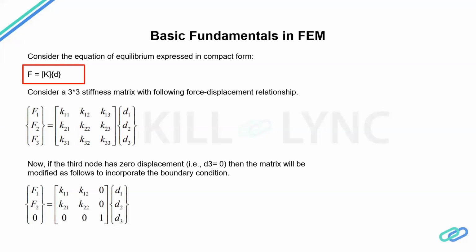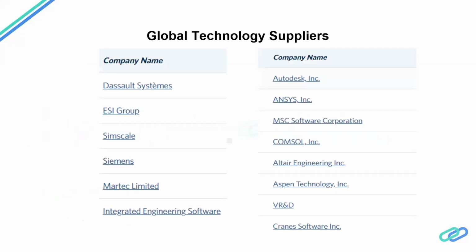Okay. Then, if you look at the various technologies available in the market, you have various technologies provided by various vendors or suppliers. Most of you might have heard of Dassault Systemes. You might have heard of ESI Group, Siemens, Ansys, Comsol, or Altair Engineering.